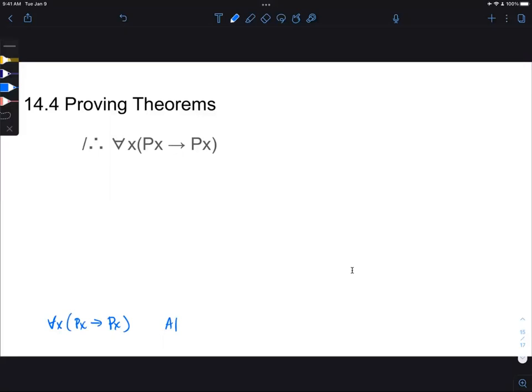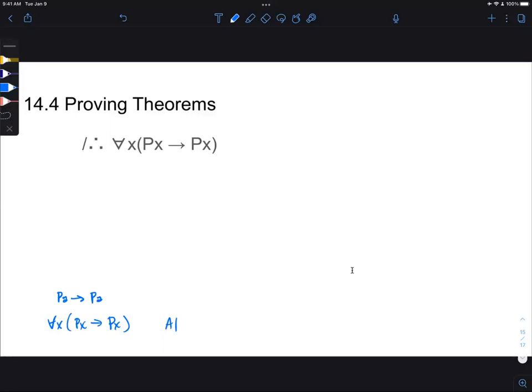And what would I need in order to do that? I would need to have this with some name. And in order to use AI, that name would have to not show up in any premises or assumptions that are still open in an open subproof.